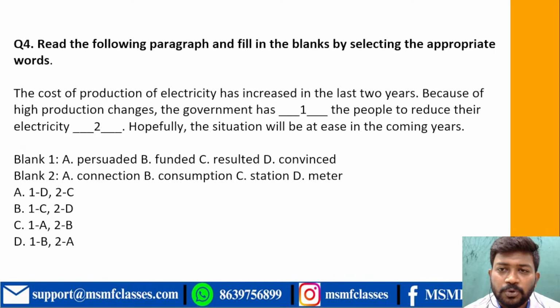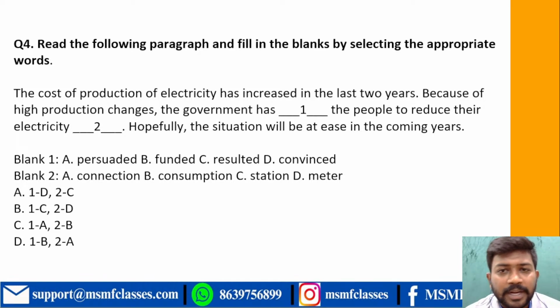If you observe in blank 2, what are the people doing here? The government has done something to the people to reduce their electricity dash. What are the people doing here relevant to electricity? Exactly. In blank two, we can use only consumption. So the people to reduce their electricity consumption.